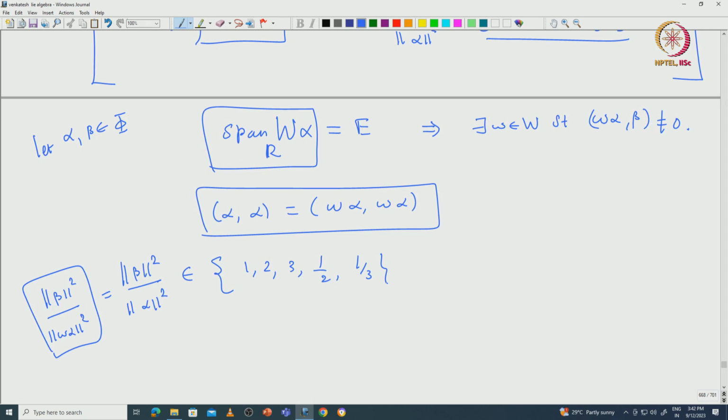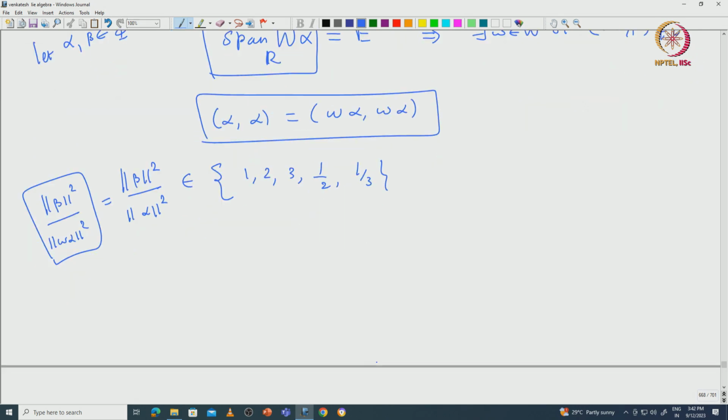So, basically even if alpha, beta are orthogonal, we will be able to determine the ratio between norm beta square and norm alpha square whenever phi is irreducible. That is what we observe. This forces that we cannot have 3 root lengths for elements of phi, because if you have 3 root lengths, that would definitely imply a ratio of the form 3 by 2.